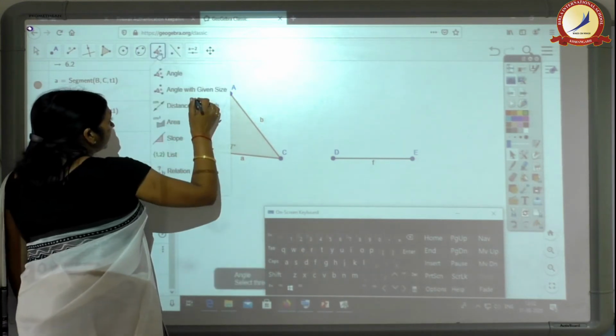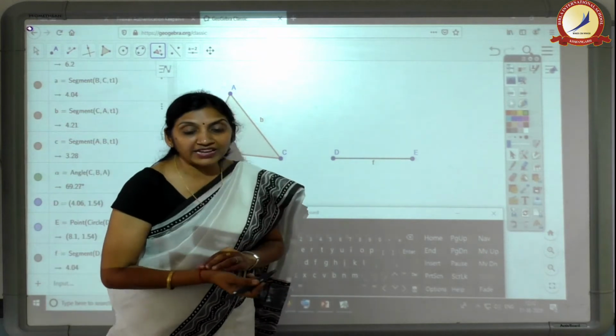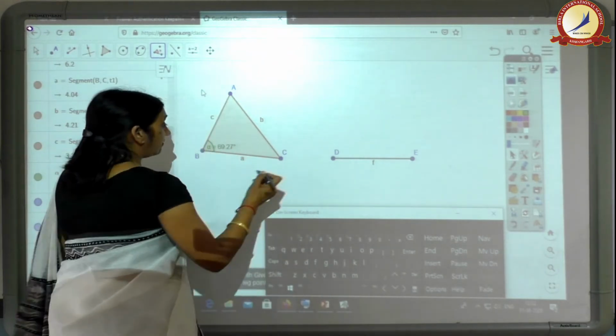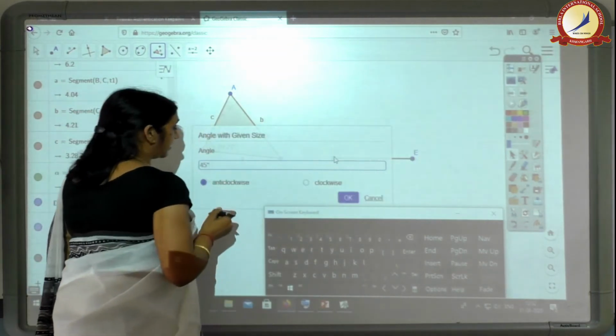Now I will construct an angle of the given size alpha. If you observe, angle B is alpha. So I will select the angle with the given size and I will select the vertices.